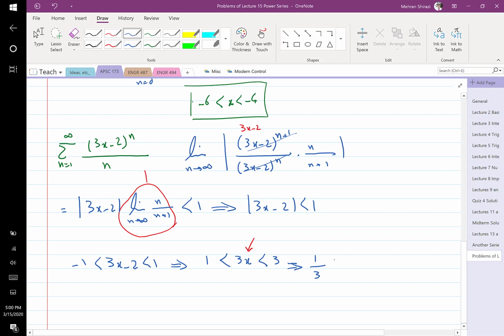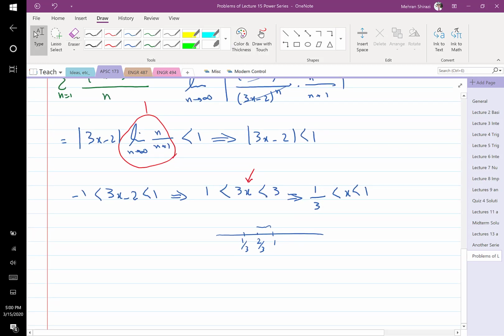We have 1 over 3 less than x, and this is less than 1. Okay, we have the interval. Obviously, the radius of the interval is 1 over 3. Why? Because we have 1 over 3 and 1, and the middle is 2 over 3. So the radius here is 1 over 3.